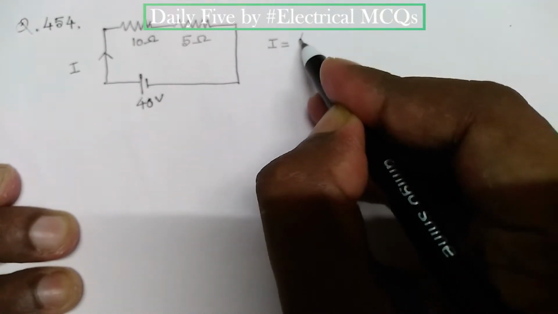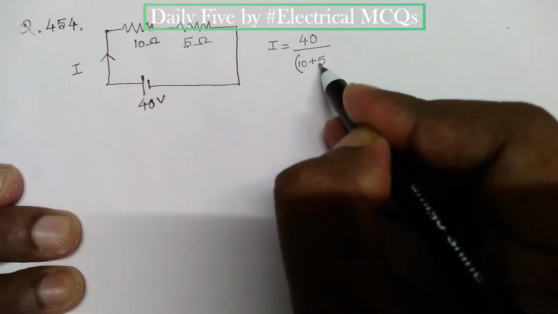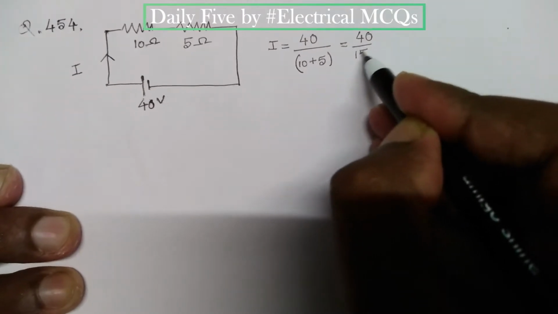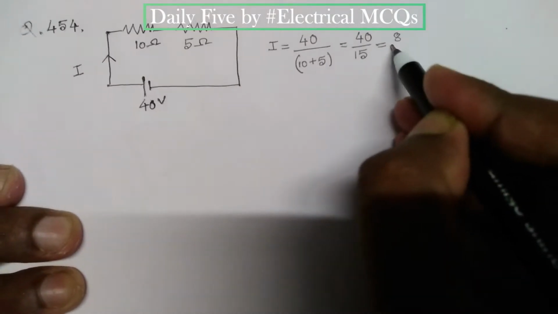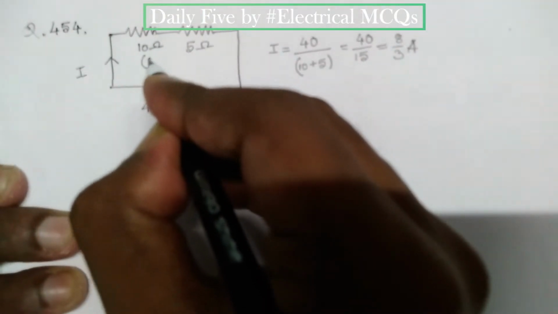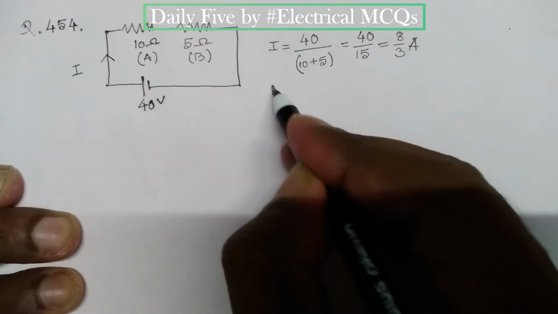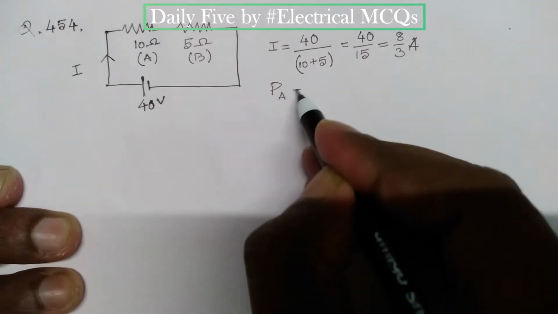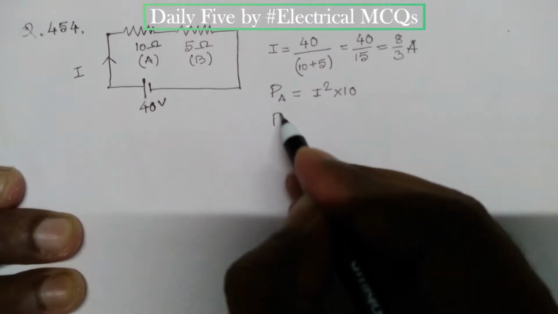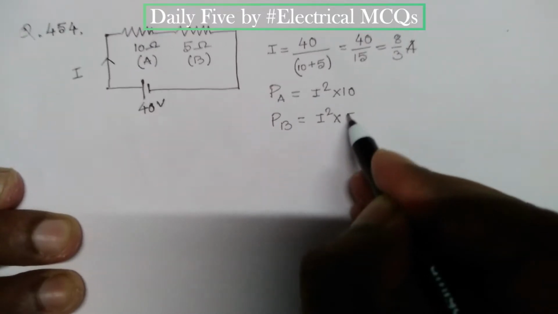So this I is basically equal to 40 divided by 10 plus 5, means 40 by 50, which is equal to 8 by 3 ampere. Now this is your lamp A and this is your lamp B. So power consumed by lamp A will be equal to I square into 10, and PB will be equal to I square into 5.